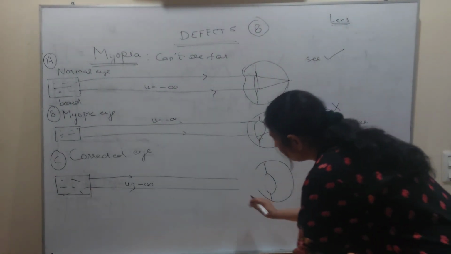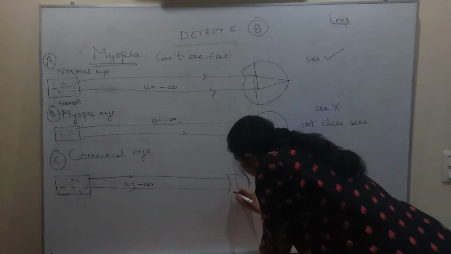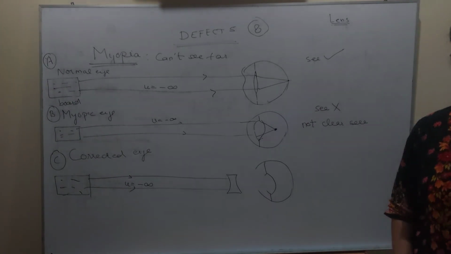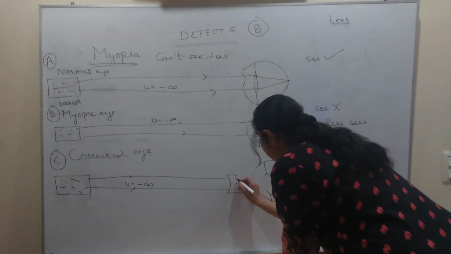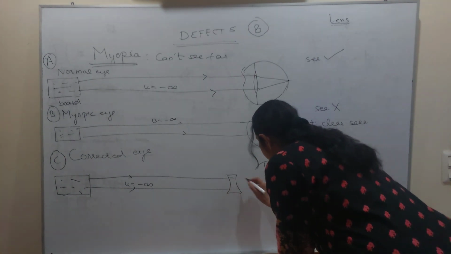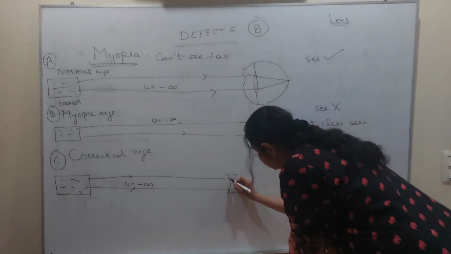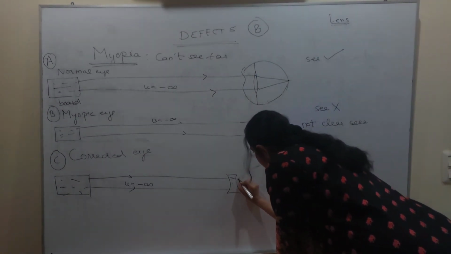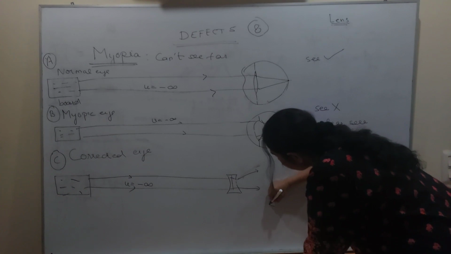We have to wear some specs. We have to wear specs with a concave lens. We've read what it does. It just spreads the light a bit. It just diverges the light a bit. Then it falls on the eye.